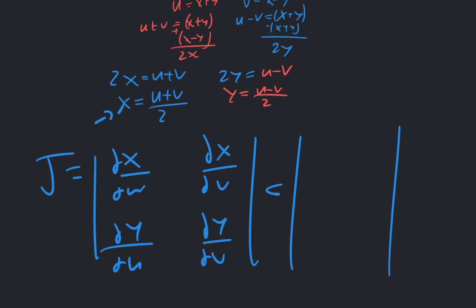This is 1/2, because when we differentiate x with respect to u, this is 1/2, and then 1/2 for v also. And then when we do y, 1/2 here, and then negative 1/2.